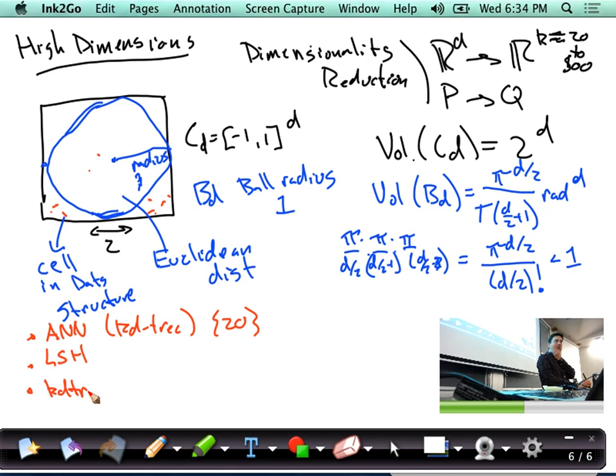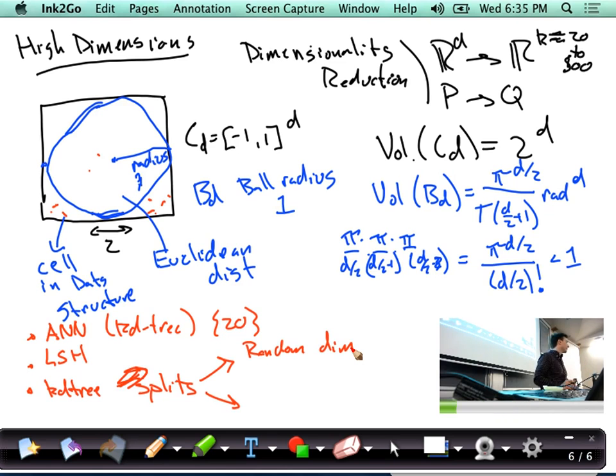The idea is based on a KD tree, but you want to do the splits differently. Instead of alternating the dimensions that you split, basically what you want to do is pick some random dimension and split based on that.